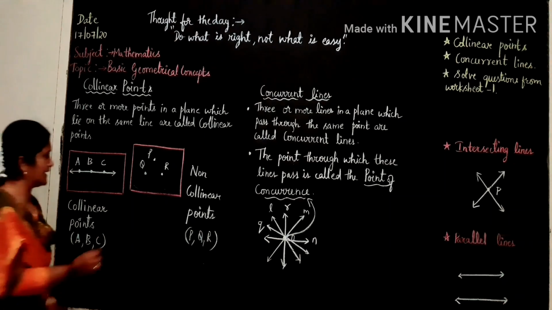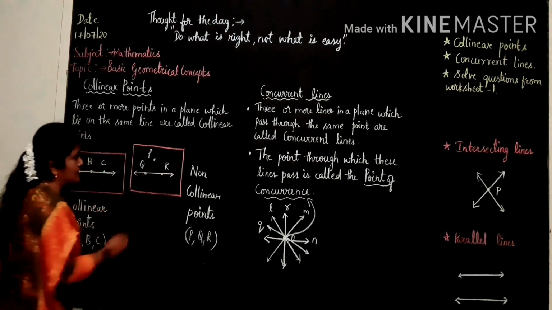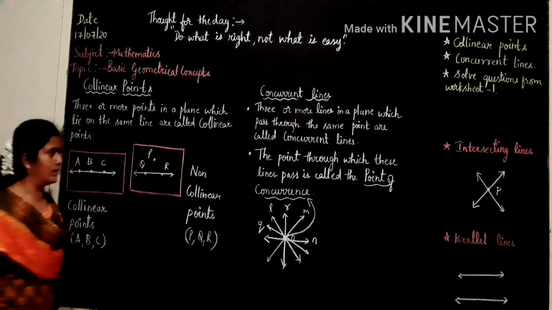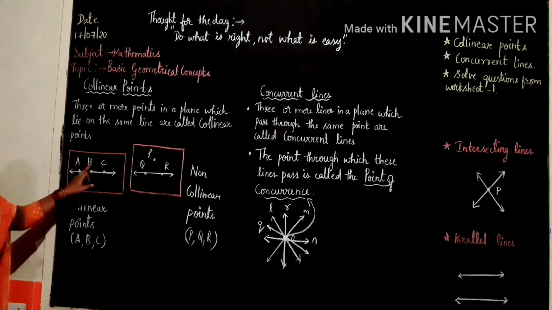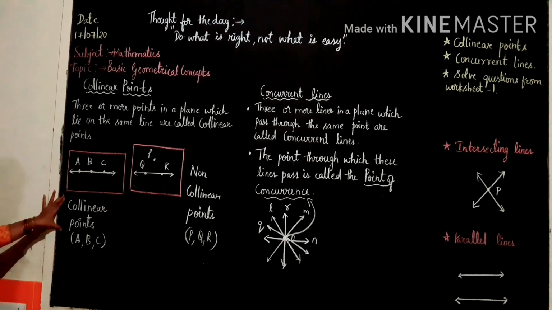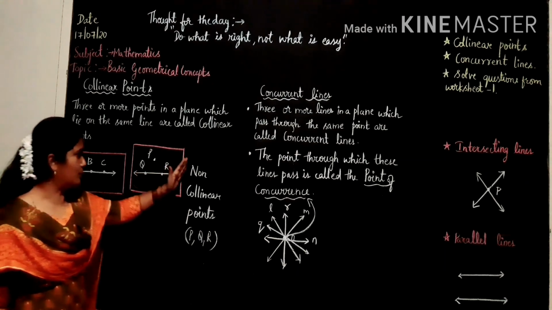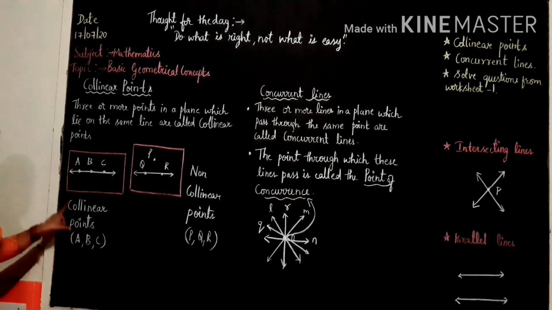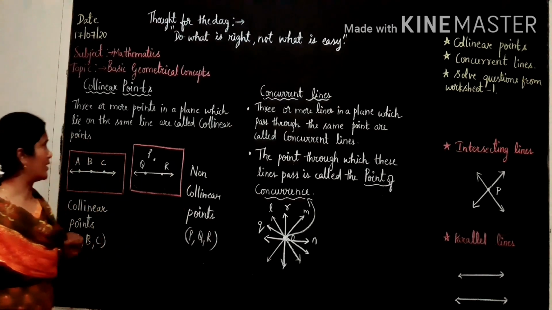But in the second case, if I draw the line passing through the points, you can observe that one point P is left over. So here the points which lie on the same line are called collinear points, and the points which do not lie on the same line are said to be non-collinear points. Here A, B, C are collinear points, P, Q, R are non-collinear points.